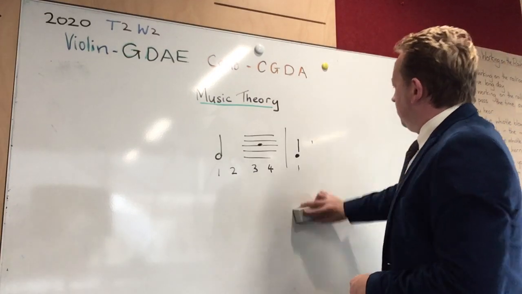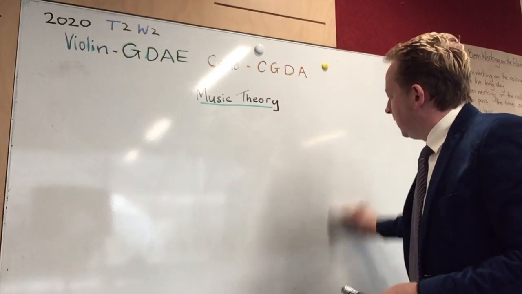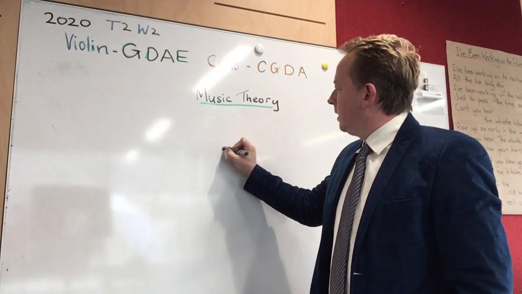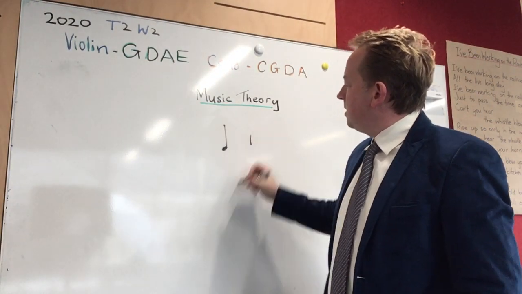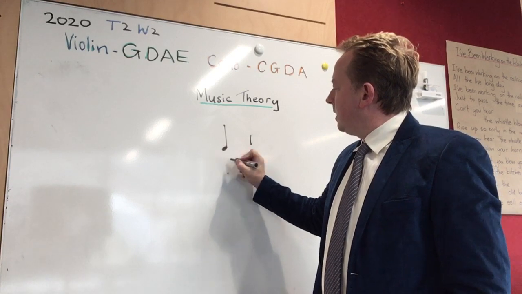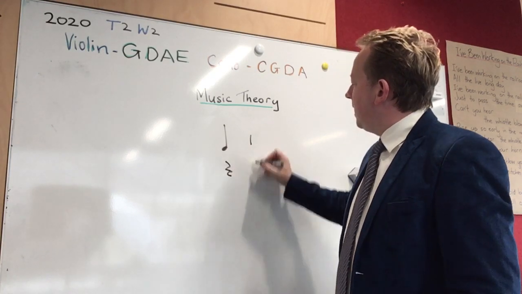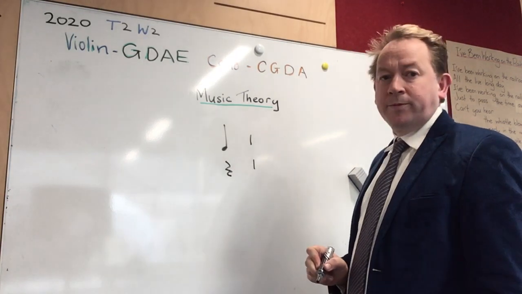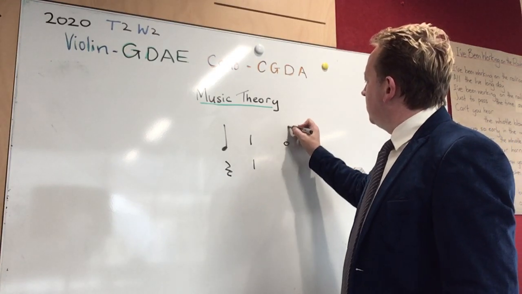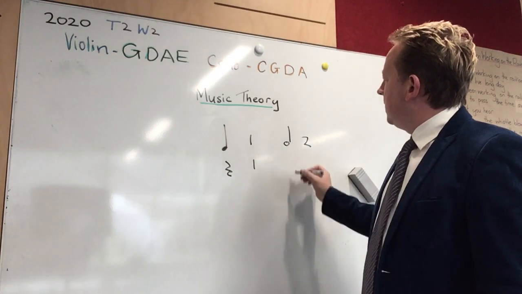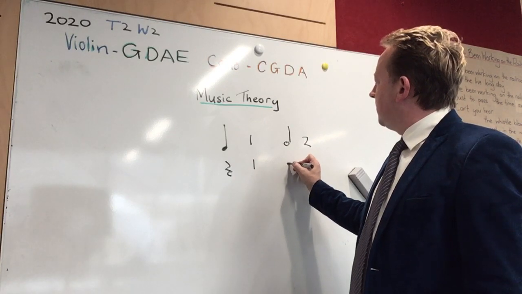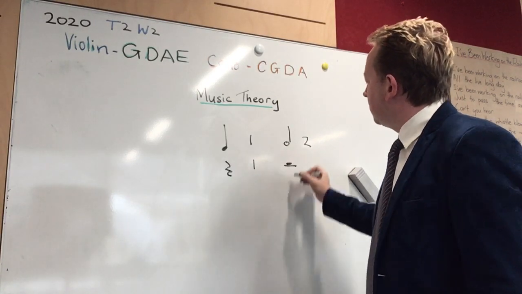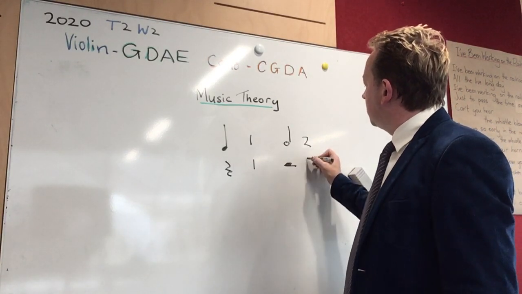Okay. So let's just review. Crotchets are worth 1. The rest looks like that. That's also worth 1. The minim is worth 2. And the rest that sits is also worth 2.